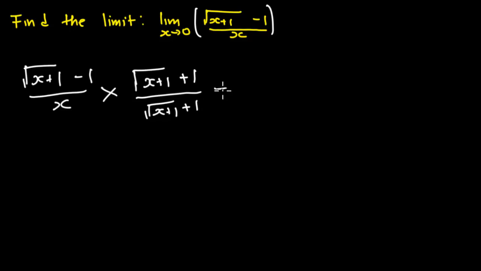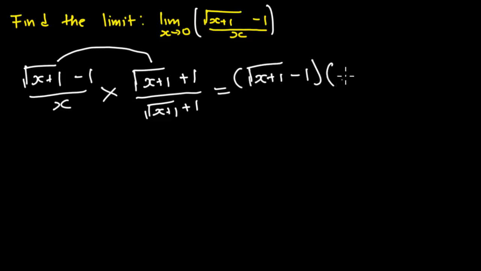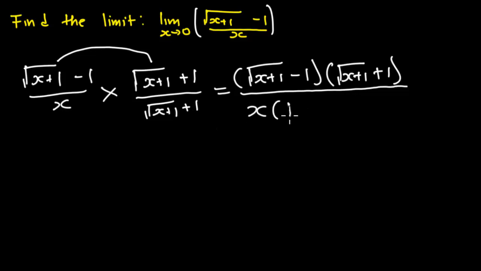And so from here we are going to multiply this with this. So we are going to have the square root of x plus 1 minus 1 multiplying the square root of x plus 1 plus 1 all over, then you're also going to multiply this with this one. So we are going to have x multiplying the square root of x plus 1 plus 1.